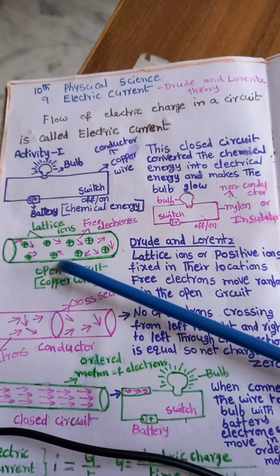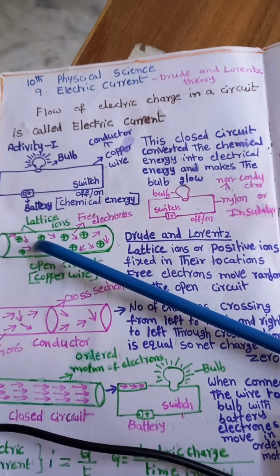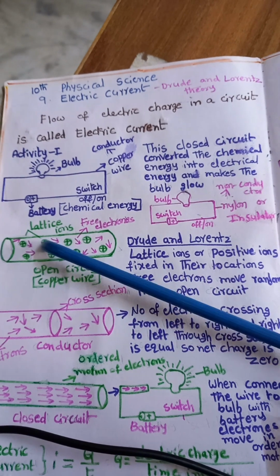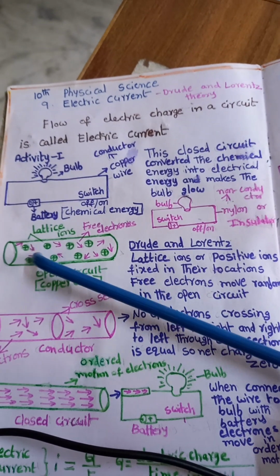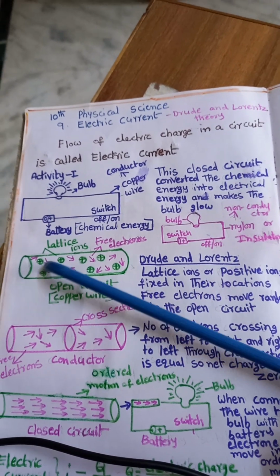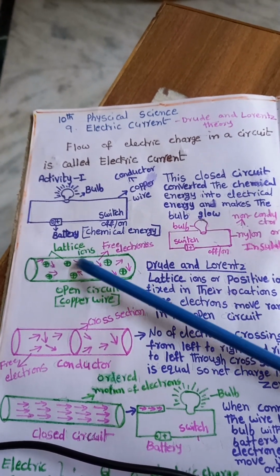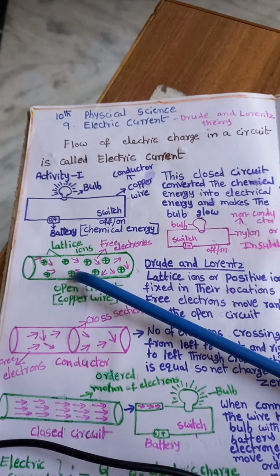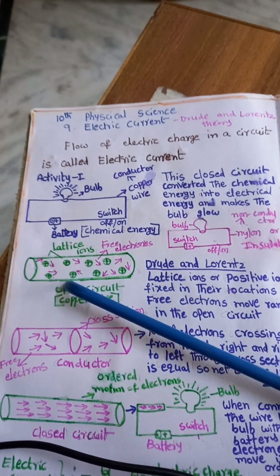Here we can see the positive ions in their locations, not moving, so they are called lattice ions, and these arrow marks show the free electrons.